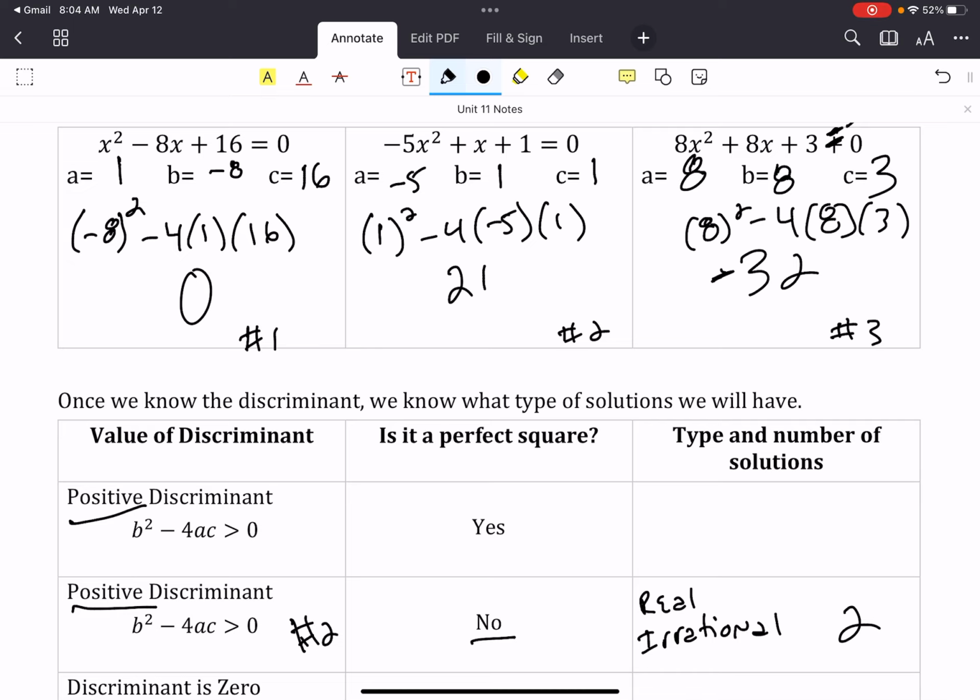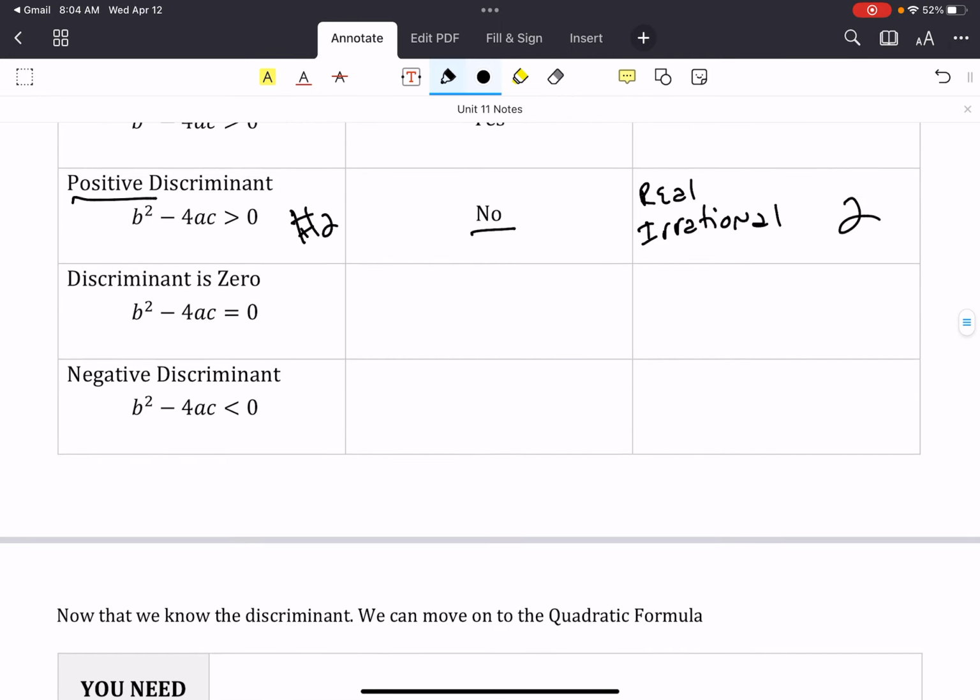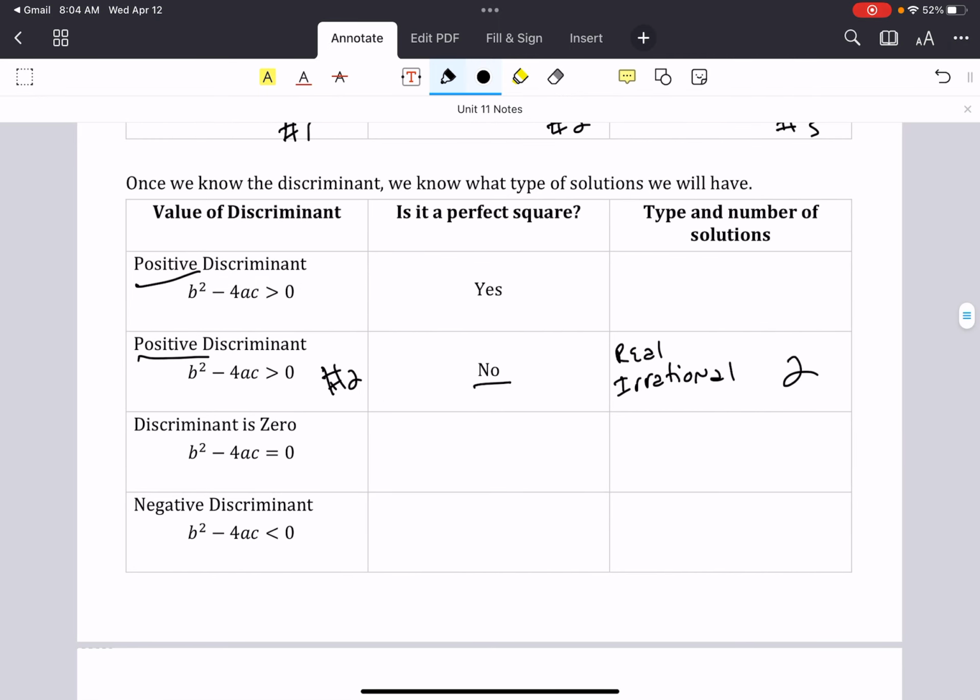The real part means, oh, perfect. Real. I can't remember if we've gone over this vocab word or not. Have we talked about real? No? Okay, so real means no I, so not imaginary. And I know we haven't talked about irrational.